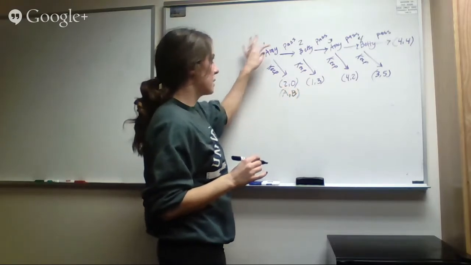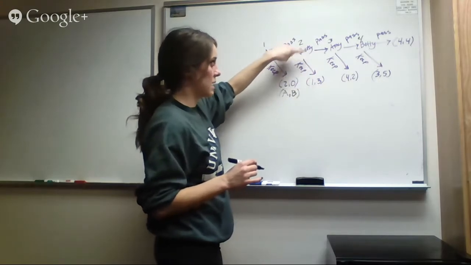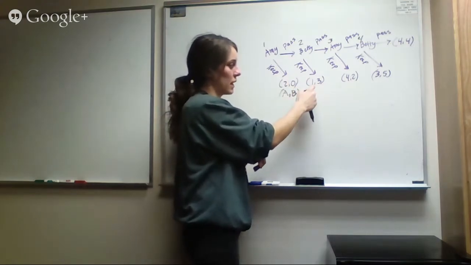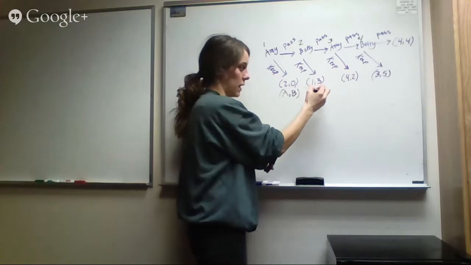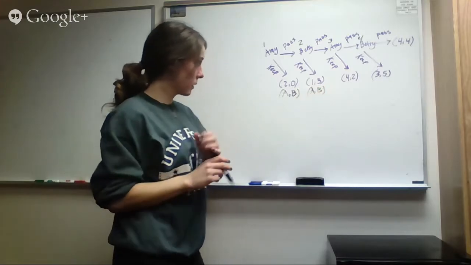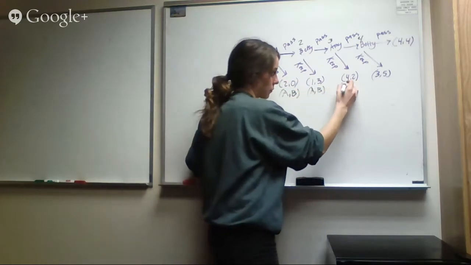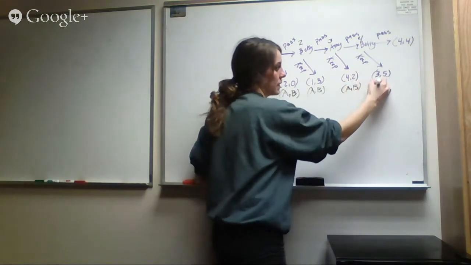If Amy decides to pass, then Betty suddenly gets to decide whether or not she wants to keep or to pass. And so if she would keep, Amy would get 1, and Betty would get 3, but the game would end there. So the game ends, and the prize is decided as soon as someone decides to keep.